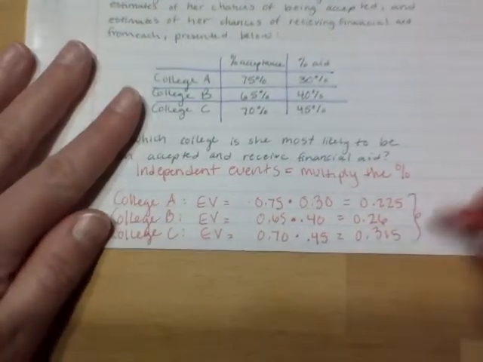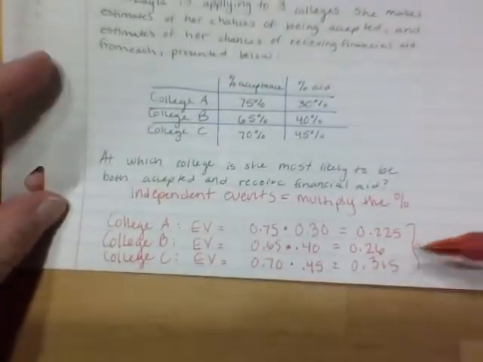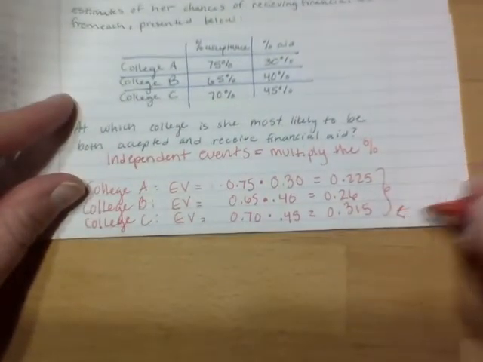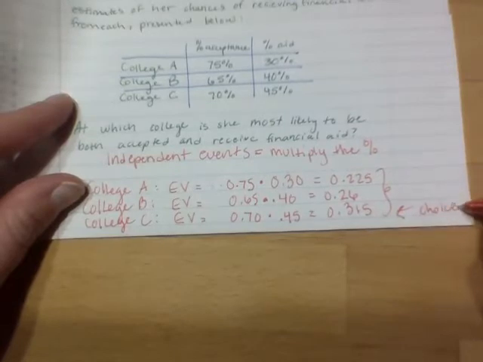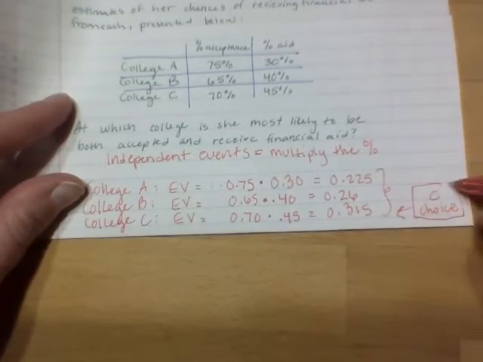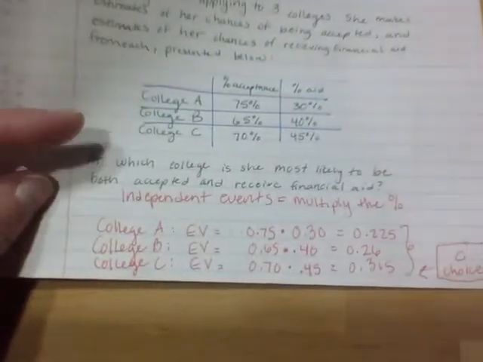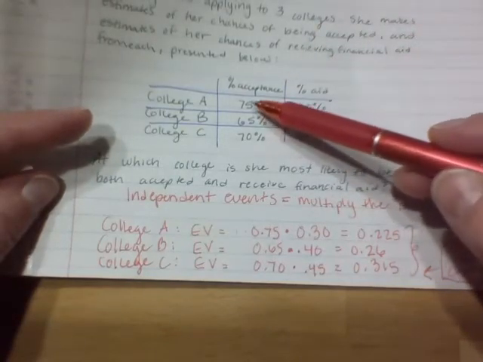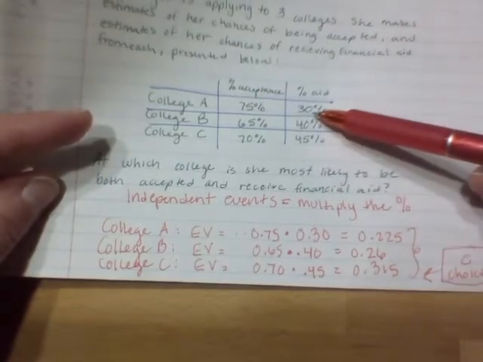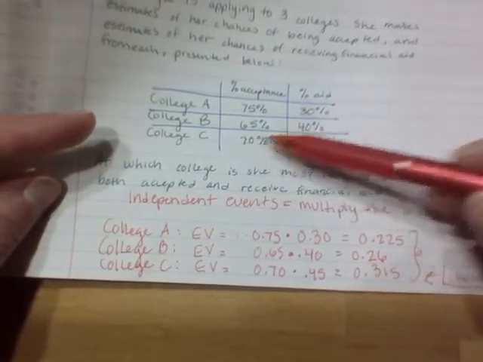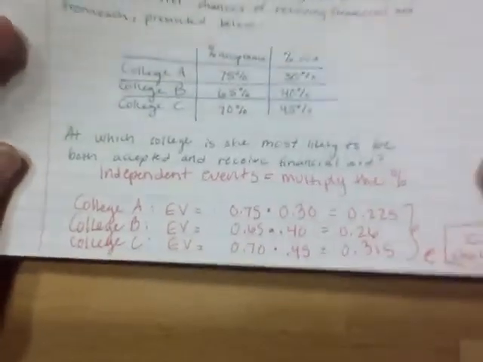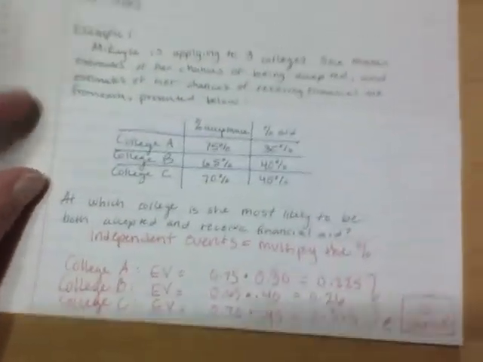Taking a look at each of these rates, the more likely would be closer to 1. So in that case, college C is our choice, because she is more likely to get both of these combined than any of the other ones. Even though this one has a higher acceptance rate, it's not helpful in comparison to this 30% financial aid when combining them together. So college C is her most likely choice to bet on here.